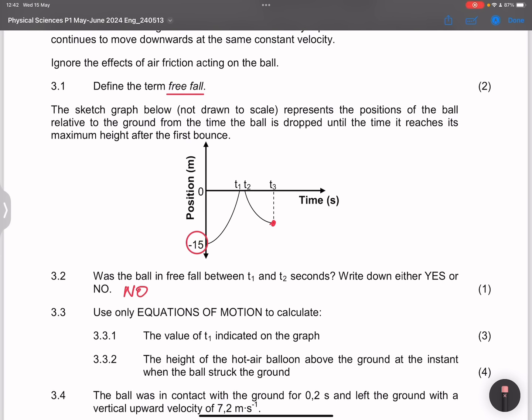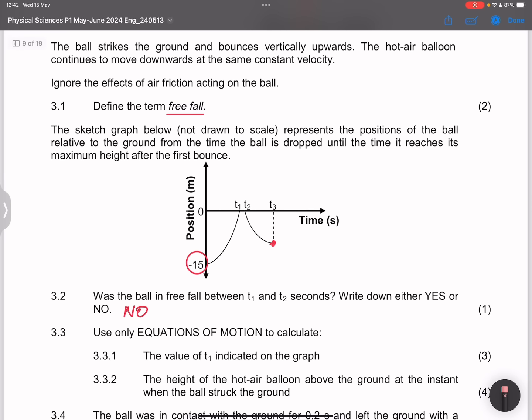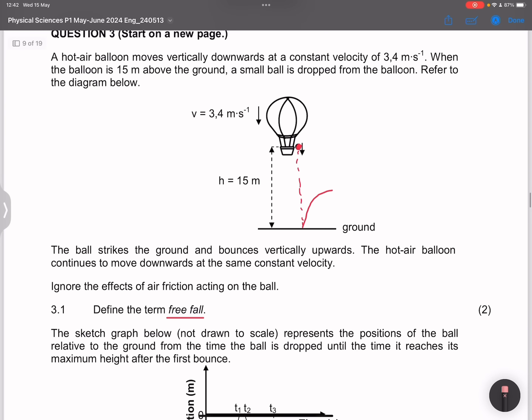So they say to us, use only equations of motion to calculate the value of T1 indicated on the graph. So when it arrives on the ground, firstly, we know its initial velocity. What would be the initial velocity? Ladies and gents, it is very important.